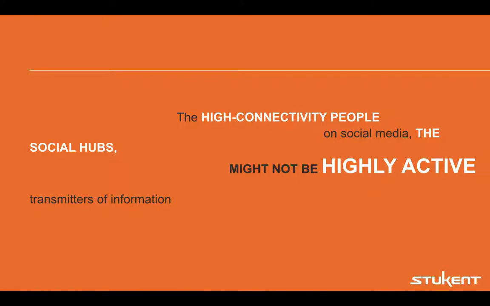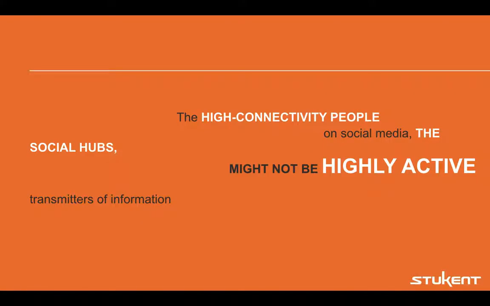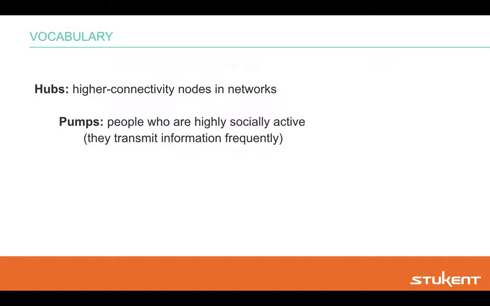Now, if you think about it, there's two types of people on social media. The high connectivity people on social media are the social hubs, and they might not be highly active transmitters of information. For instance, if we think about hubs, these are the people that are connected to lots of individual people and networks, right?